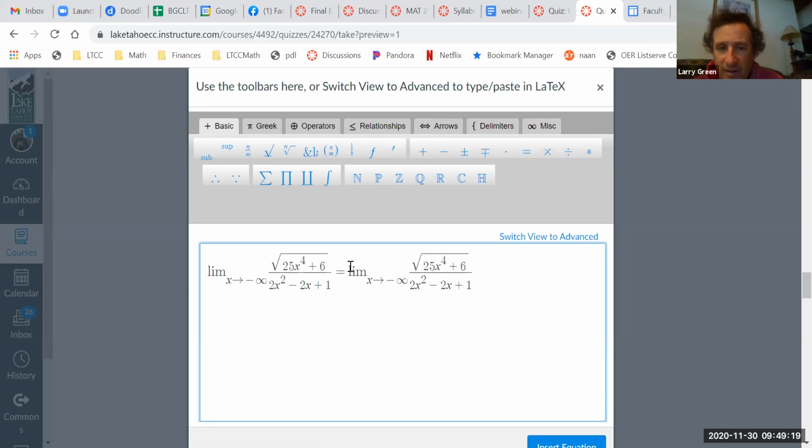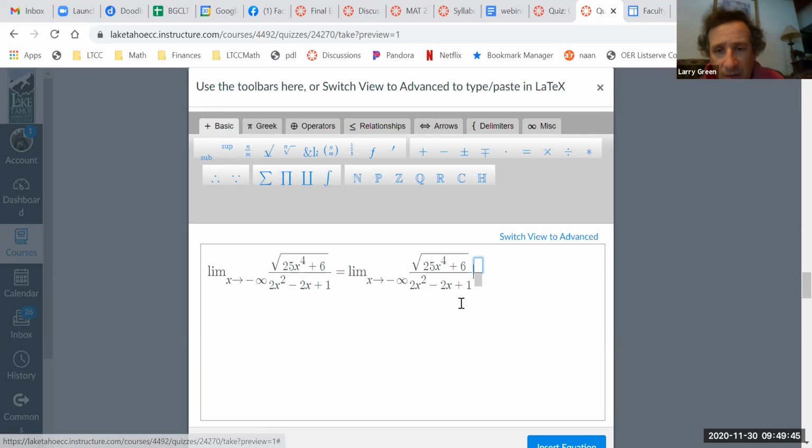And notice the square root of x to the 4th is also x squared. So the highest power is x squared. And the nice thing is that the square root of x to the 4th really is x squared because everything is positive when you have an even power. Any questions on that?